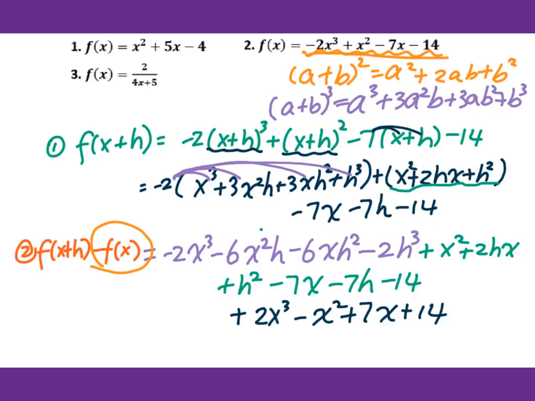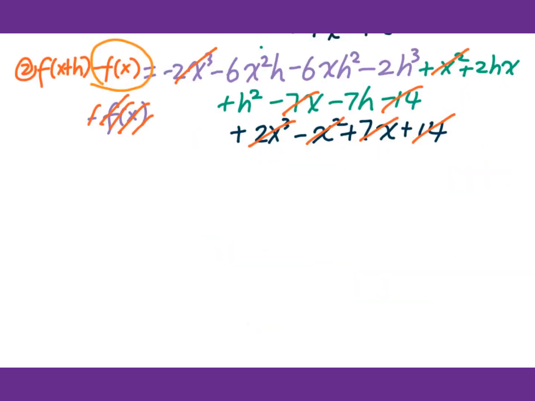Then combine like terms: positive 14, negative 14; 7x, negative 7x; negative x squared, positive x squared; positive 2x third power, negative 2x third power. Remember, every single term in this negative f(x) will be cancelled. That's the rule.